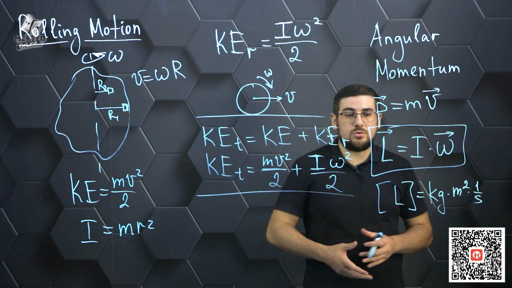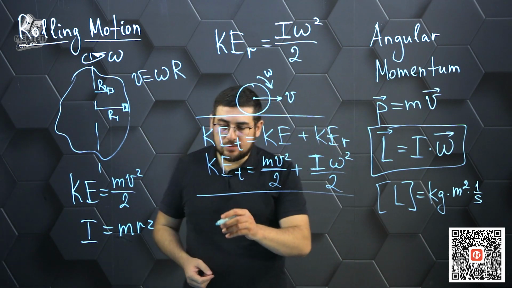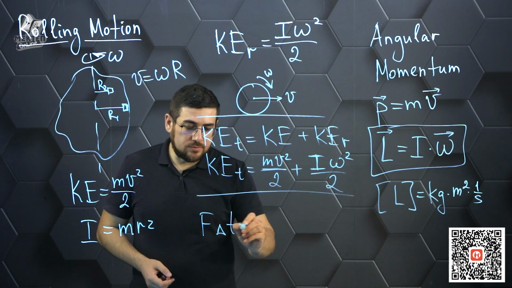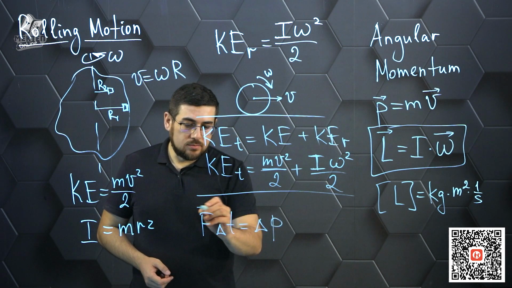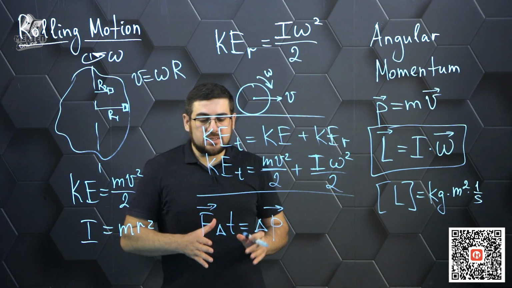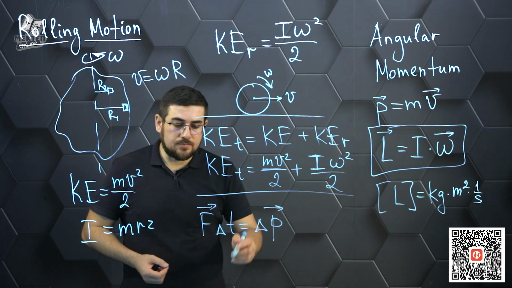Let's remember that momentum is related to force in the dynamics of translational motion, so let's write down this expression as Newton's second law in terms of momentum. Similarly, we can write down Newton's second law in terms of momentum for rotational motion.